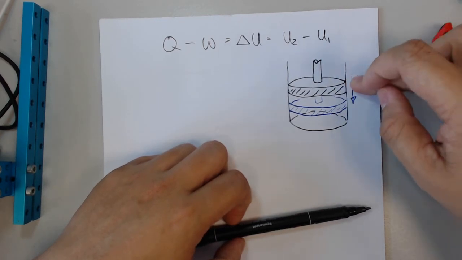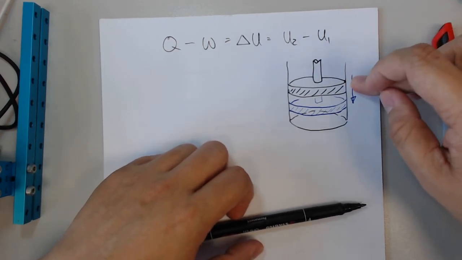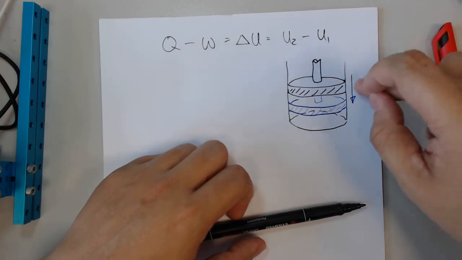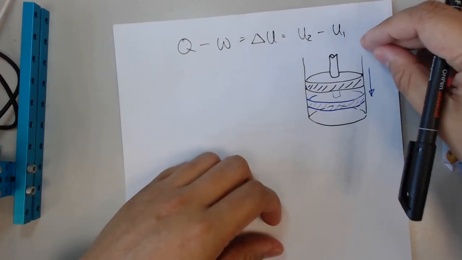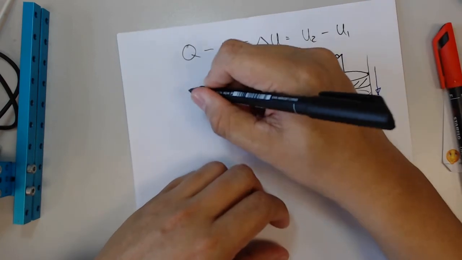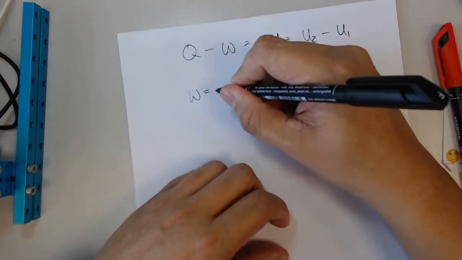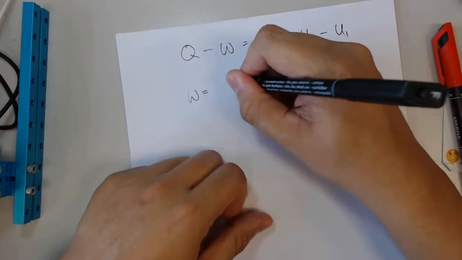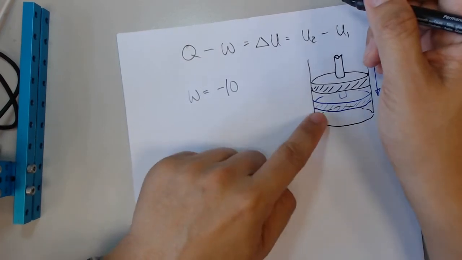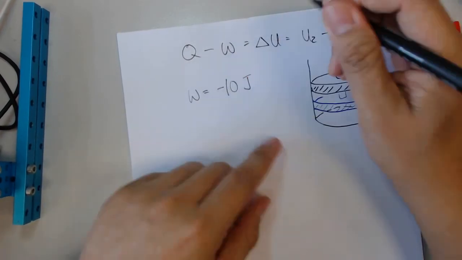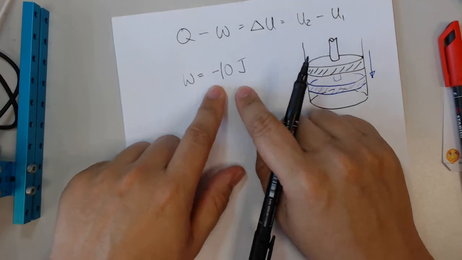And from the previous video, we know that the work W is going to be a negative value, right? So let's say the work done by pushing down the piston is actually minus 10 joules. It cannot be plus 10 because it is not done by the gas. It is on the gas. So it is minus 10 joules.